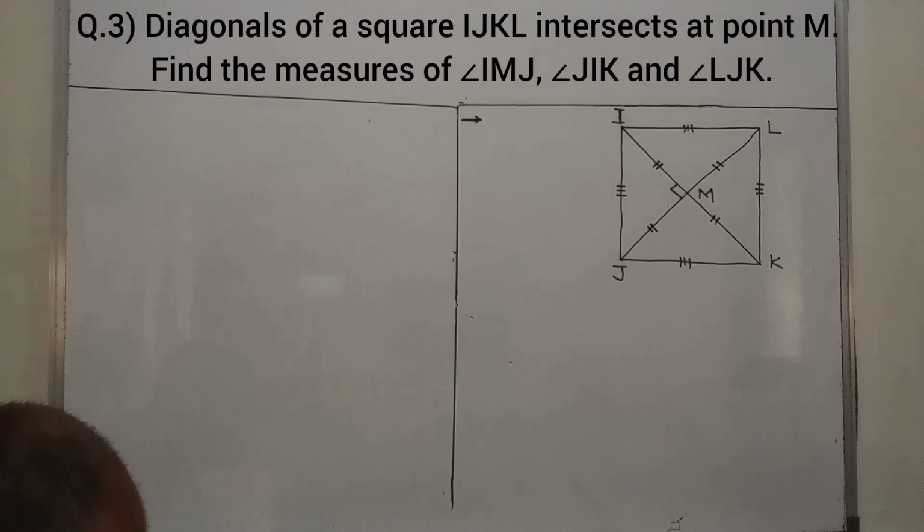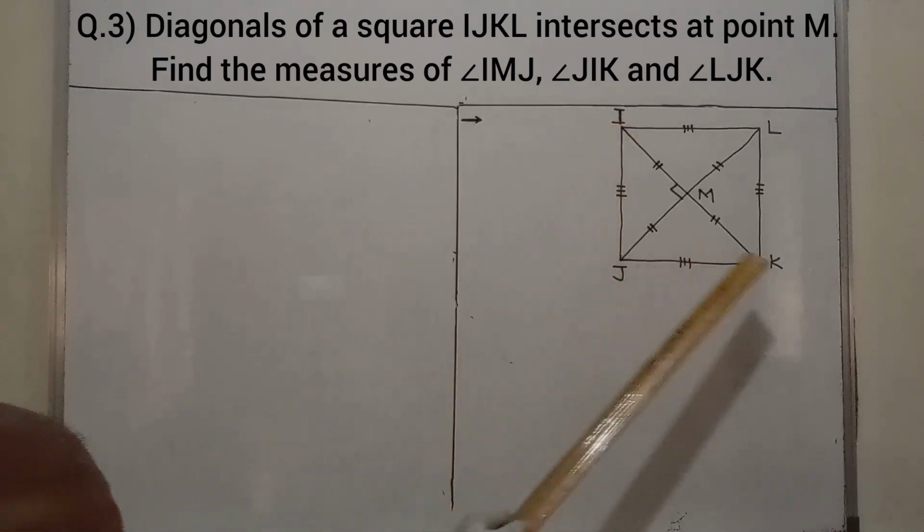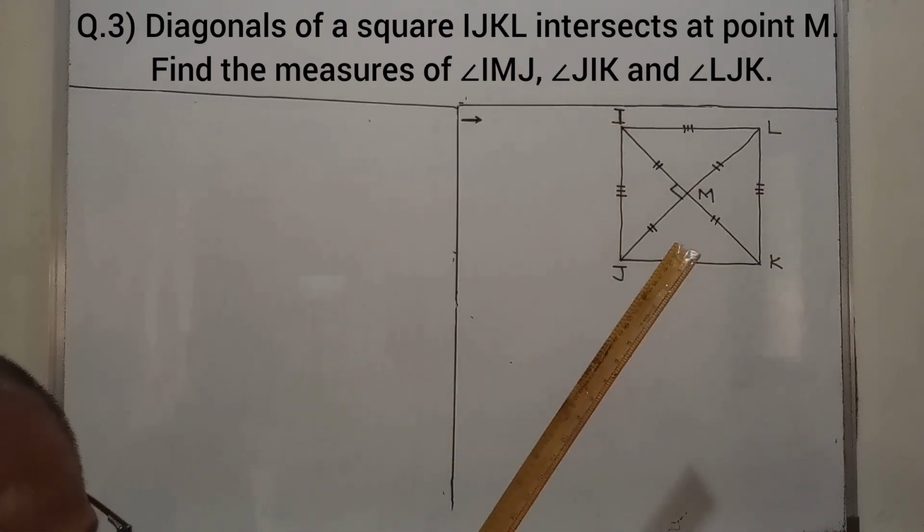Practice set 5.3, question number 3. Diagonals of square IJKL. This is our IJKL square.